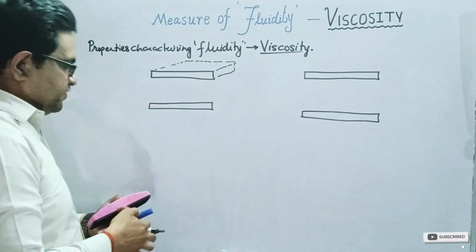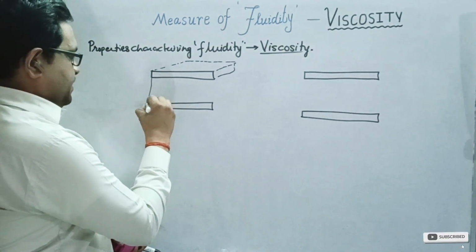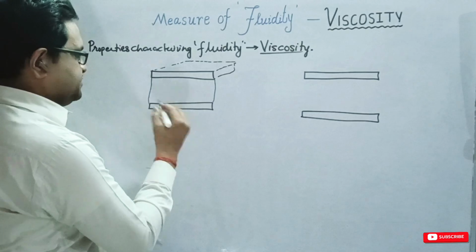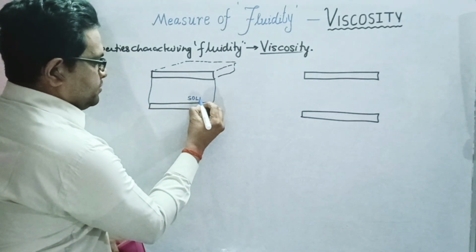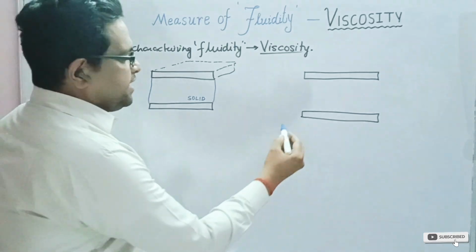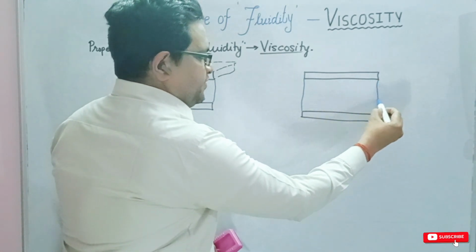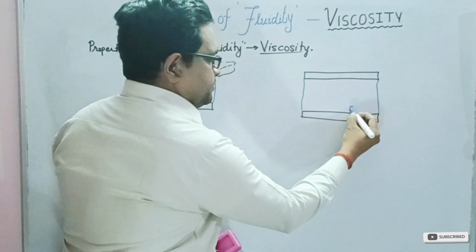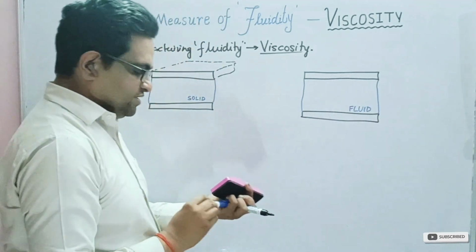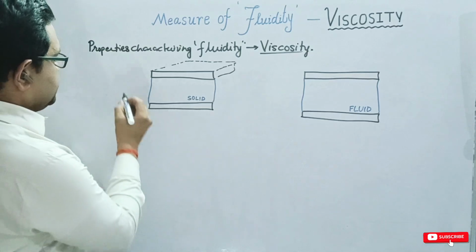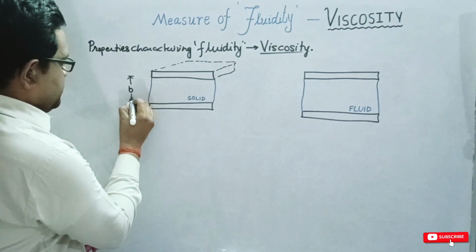In the first case, the space in between the two parallel plates is filled with some solid, while in the second case, the space in between the two parallel plates is filled with some fluid. Also, the perpendicular distance between the two parallel plates is small b.